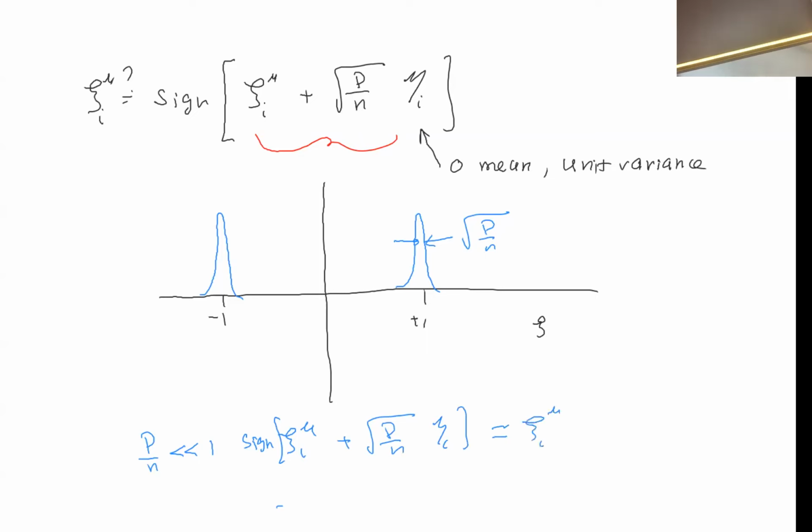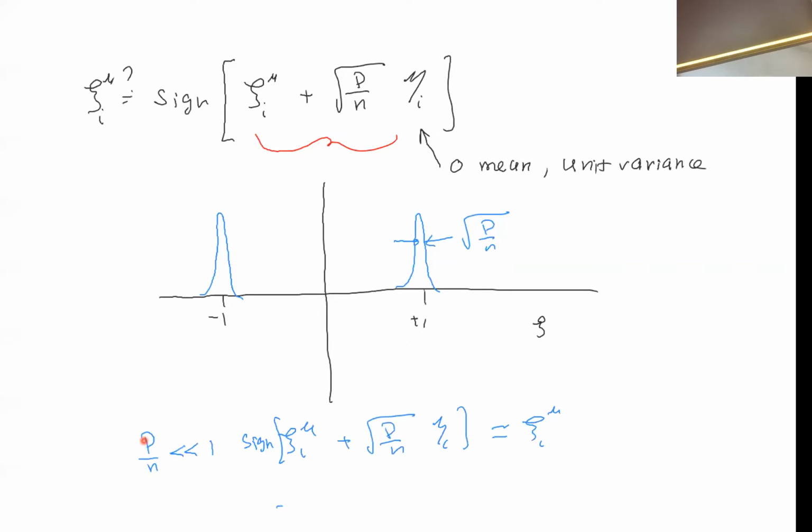Okay. If that Gaussian isn't very wide, it's exponentially unlikely for this to leak over to this side. And even if it does leak over that side for one or two values, it doesn't really matter, right? In the large n limit, it's okay. So what this suggests is that, if n is large, you can still store a lot of memories.